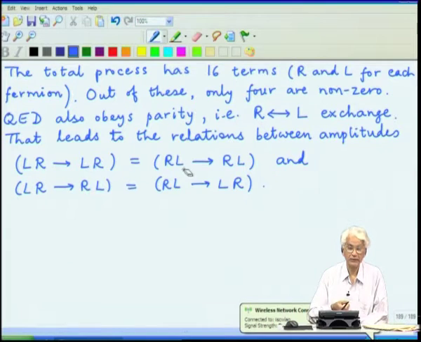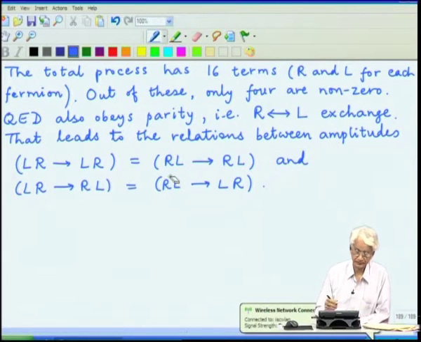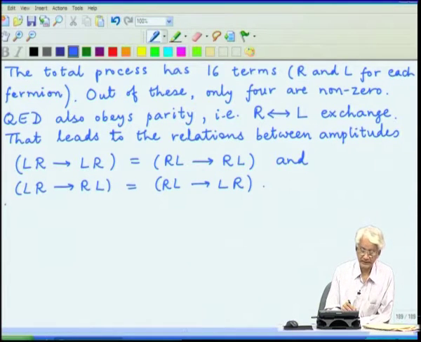So, these are the only 4 non-zero amplitudes, and parity cuts down the calculation to again only 2 of them being non-zero, and that is the 2 pieces which we will calculate explicitly by evaluating the traces, but now the traces will include the factors of 1 plus or minus gamma 5 exactly.